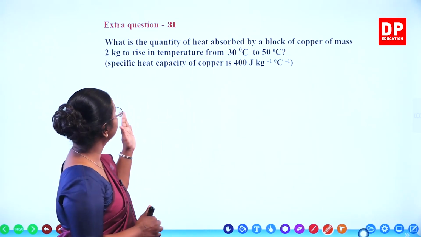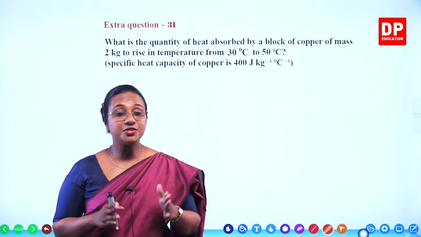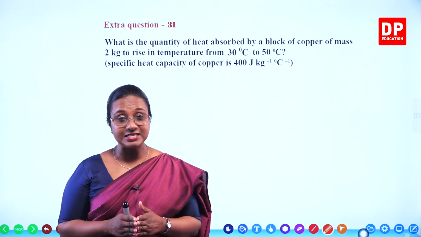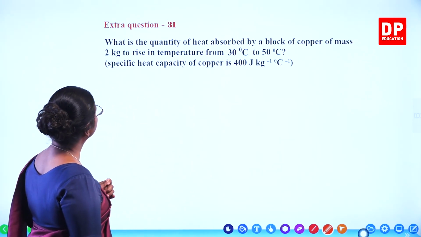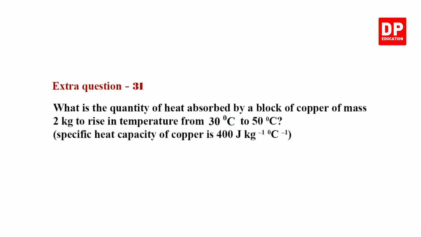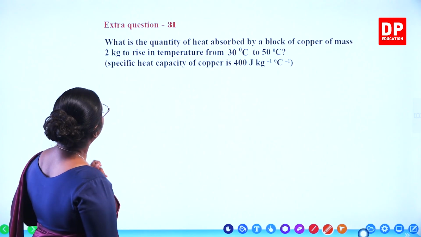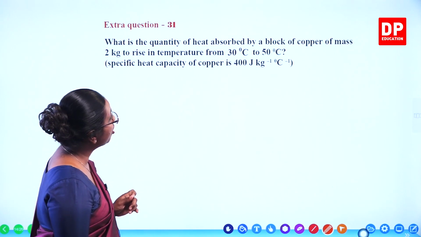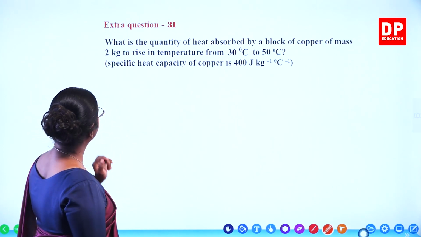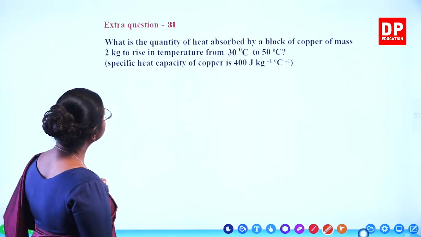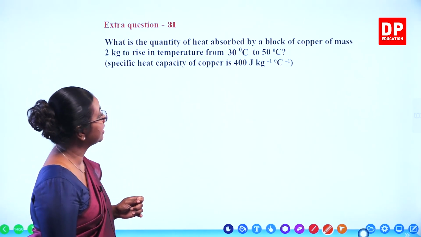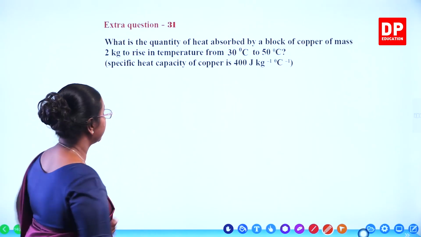So, I'm going to continue with the extra questions of Unit 9, Heat. So, this is extra question 31. What is the quantity of heat absorbed by a block of copper of mass 2 kg to rise in temperature from 30 degrees Celsius to 50 degrees Celsius?